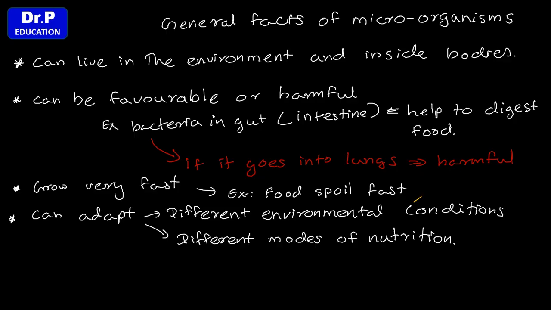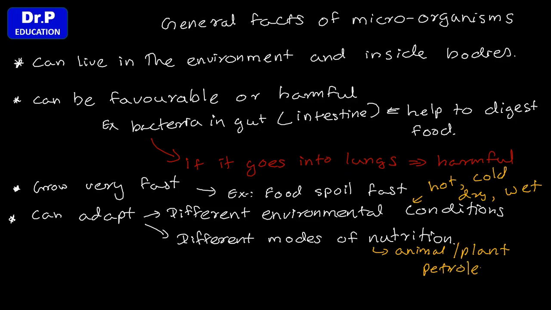So for example, this is hot, cold, or dry, or moist, or just say wet. And when it comes to different modes of nutrients, it can be animal parts or plants, and sometimes even petroleum. And because of this, they can be found anywhere and everywhere.